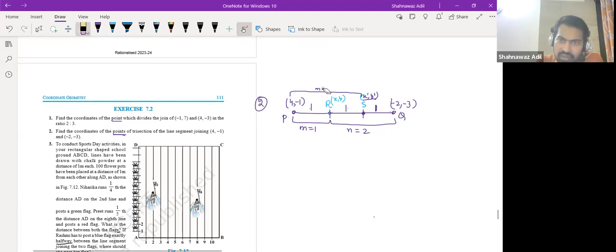So, what we were doing. Now I asked you that if I choose this S point, then what would be the ratio M? So I am at this S point, right? So what would be the ratio?